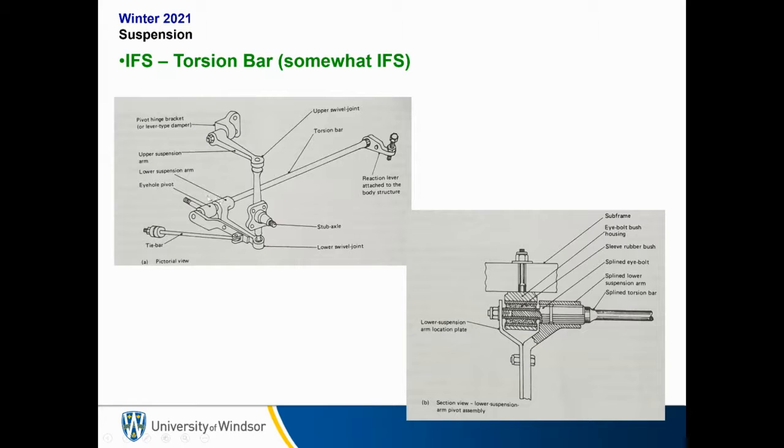This is used a lot in more economy vehicles, or vehicles where cost saving is the most important and performance is not really critical. I'm not too worried about understanding the individual components of a torsion bar system, but I am more concerned with just an appreciation that this is one type of independent front suspension.